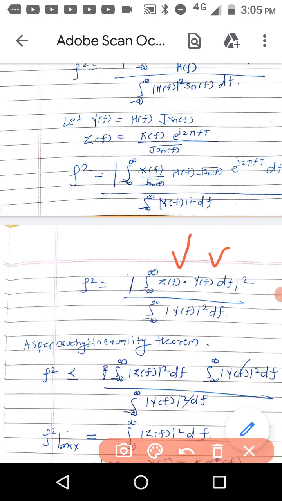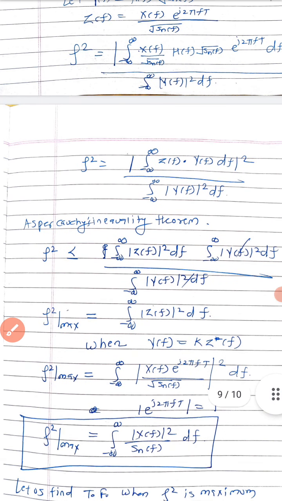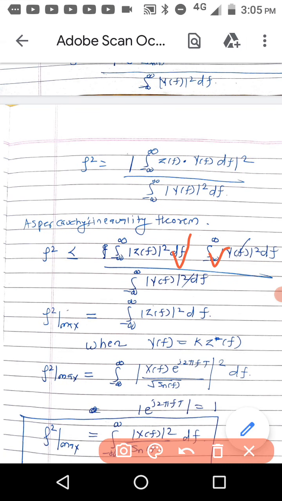df mod df square. Now as per Cauchy's inequality, this is your ρ square, that is mod of Z(f) Y(f) df square. So this ρ square is less than or equal to, if you take the individual mods, this square and this square.